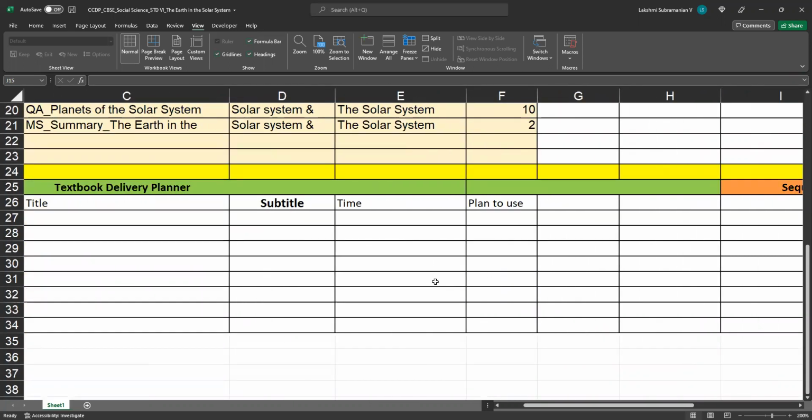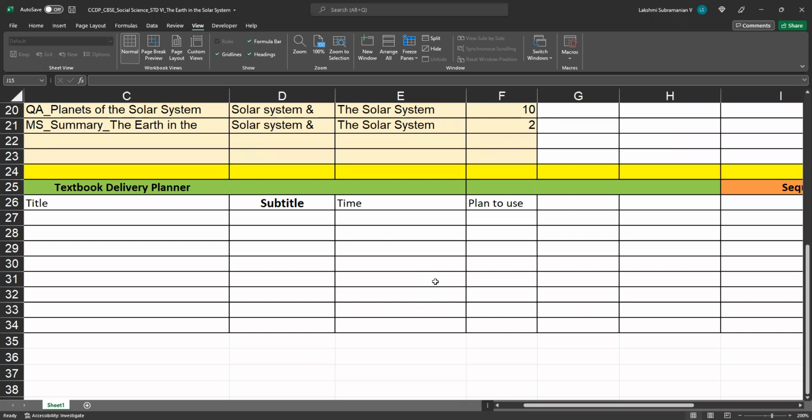Sister, the textbook delivery planner is essentially for if we have left out some aspect from the textbook. For instance, especially in mathematics, we don't solve all the problems in the textbook.